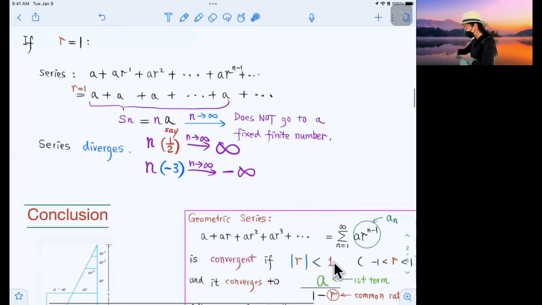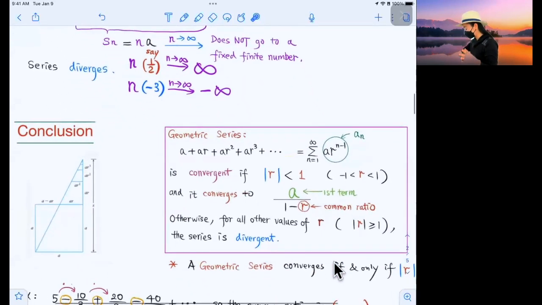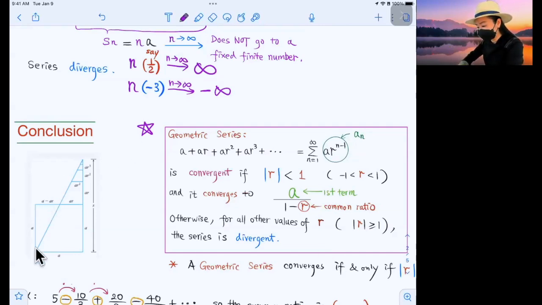Now after this, let's put this together. The important result that you want to remember is this. For geometric series, first of all, I want to explain why it's called geometric. You see this square, it's a by a square.